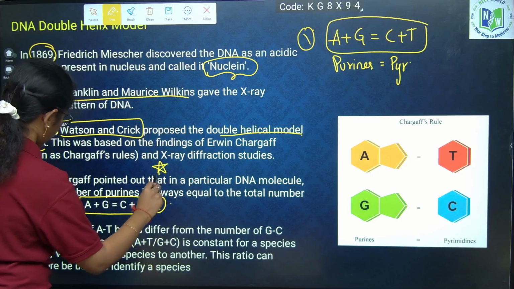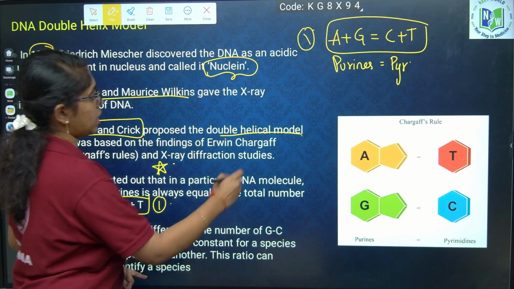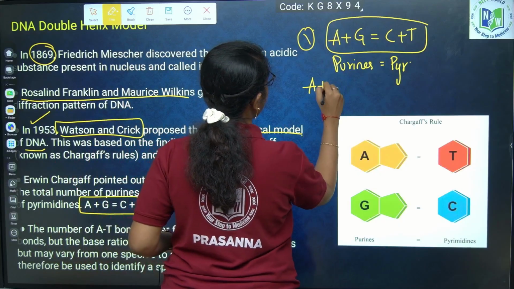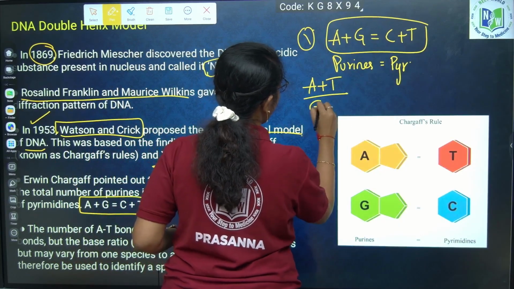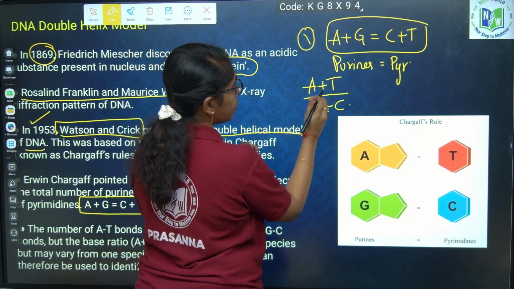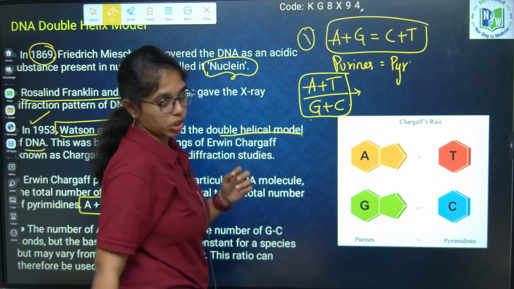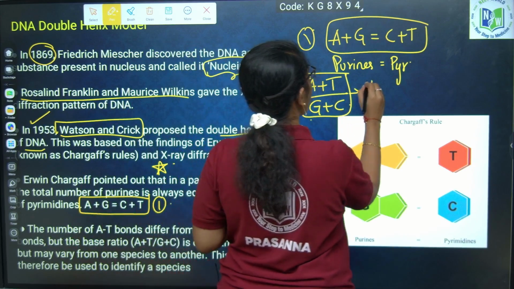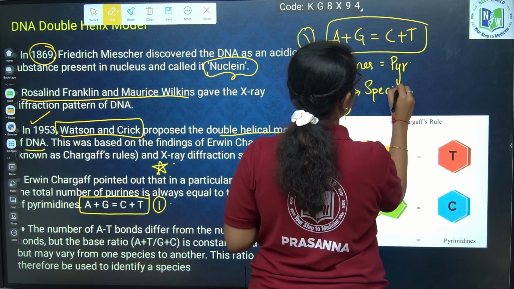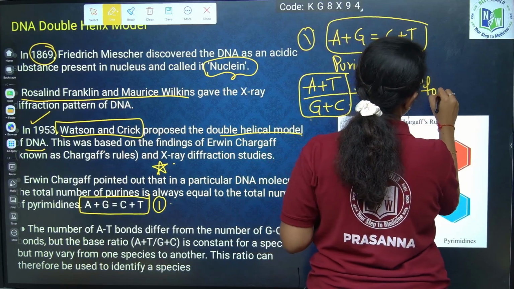Most important. Second point: the ratio of A plus T by G plus C, adenine thymine to guanine cytosine, is specific and constant for each species.